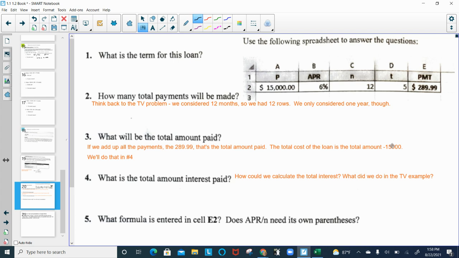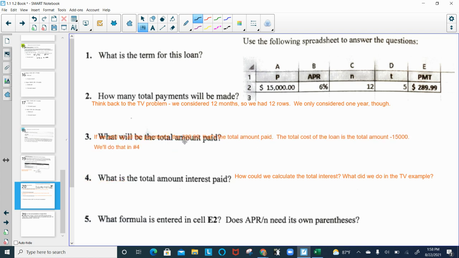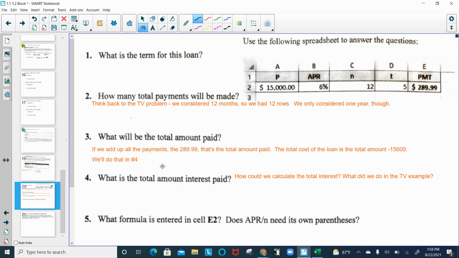But if you subtract off that $15,000 from the principal, that is going to give you the total interest. And you should be able to write a formula for that. I would like a formula here, and I would like a formula in number 4. So 2 formulas, please.